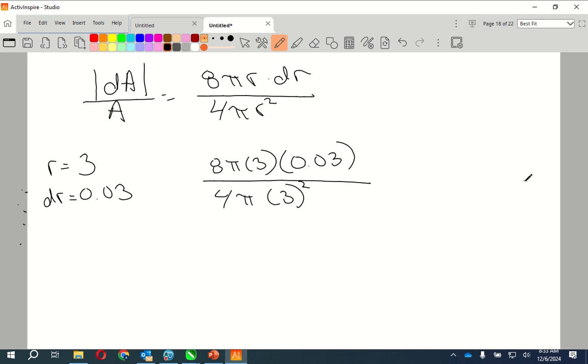So my whole thing has to be less than, because if we go back to the problem, all this right here has to be less than or equal to 0.02.